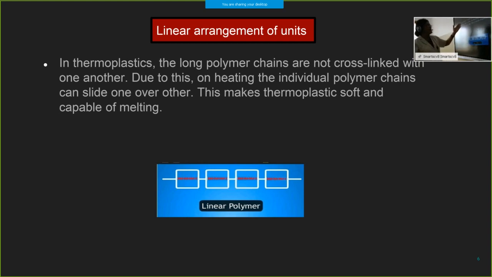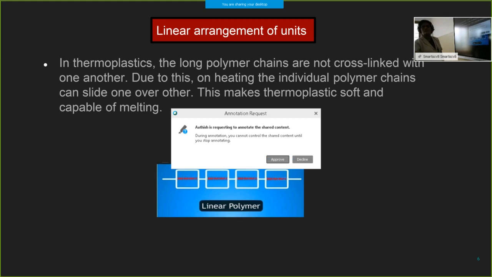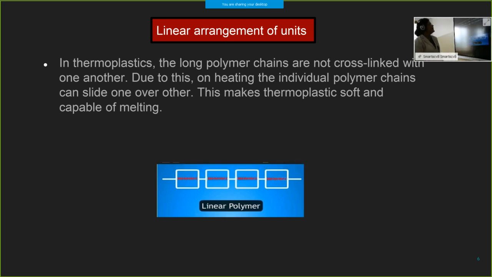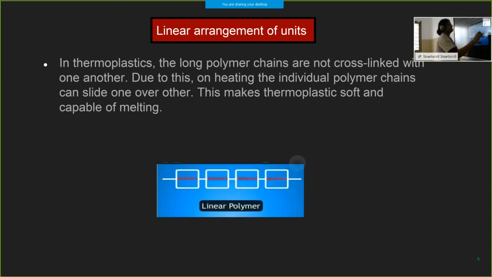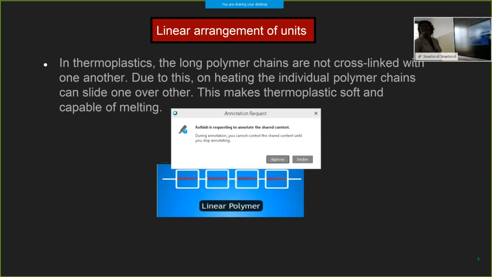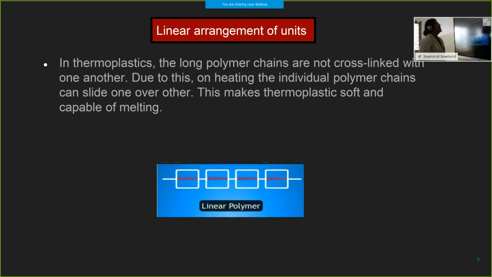So in thermoplastics, the long polymer chains are not cross-linked with one another. Due to this, on heating, the individual polymer chains can slide one over the other.